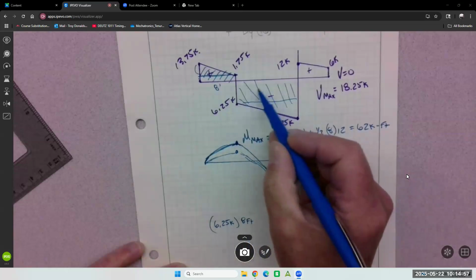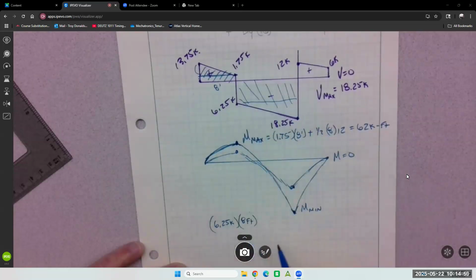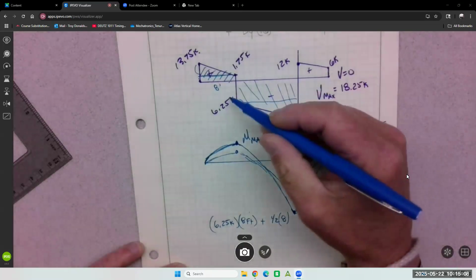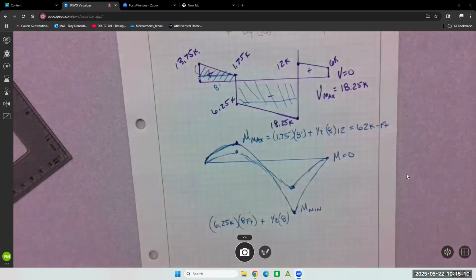So that's the rectangle. Plus 1/2 the base, 8 times the height, and the height's going to be the difference between those two. So the 1825 minus the 625 is 12 again?